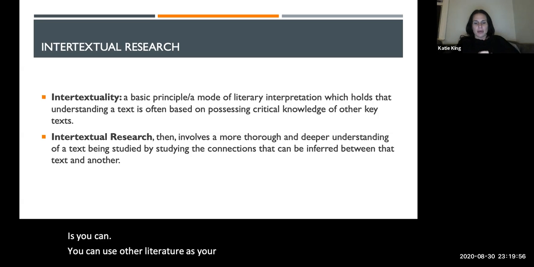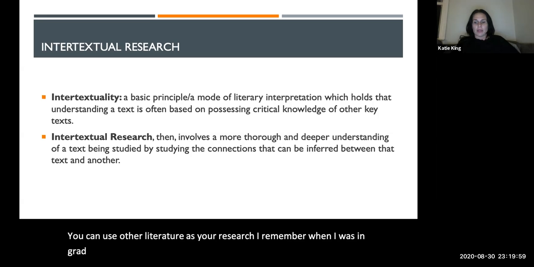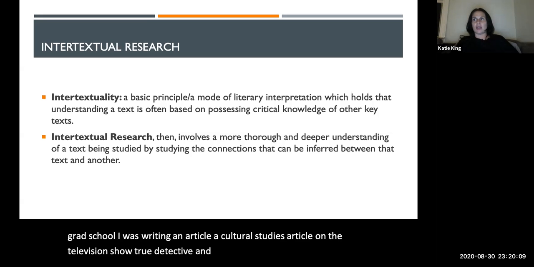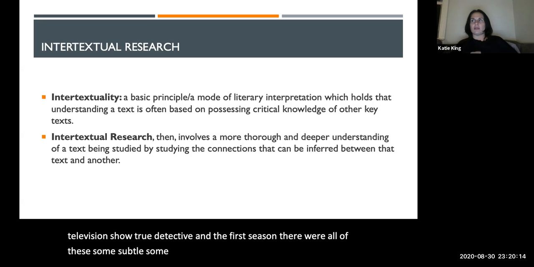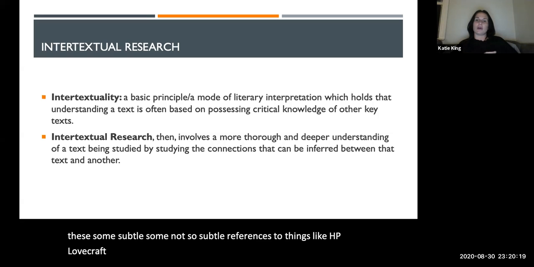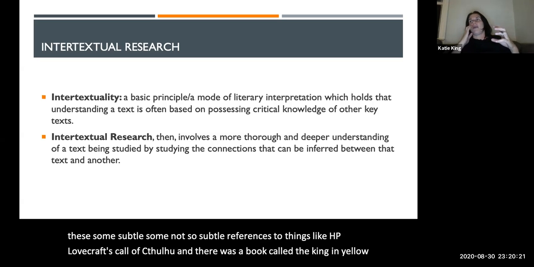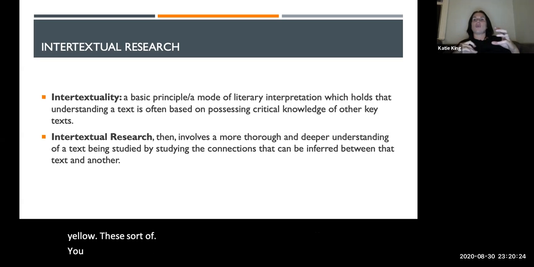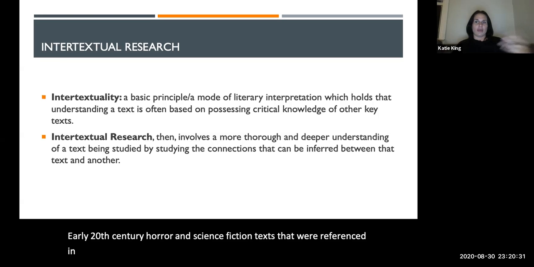I remember when I was in grad school, I was writing a cultural studies article on the television show True Detective. And in the first season, there were all of these, some subtle, some not so subtle references to things like H.P. Lovecraft's Call of Cthulhu, and there was a book called The King in Yellow, these early 20th century horror and science fiction texts that were referenced in this television show in various ways.